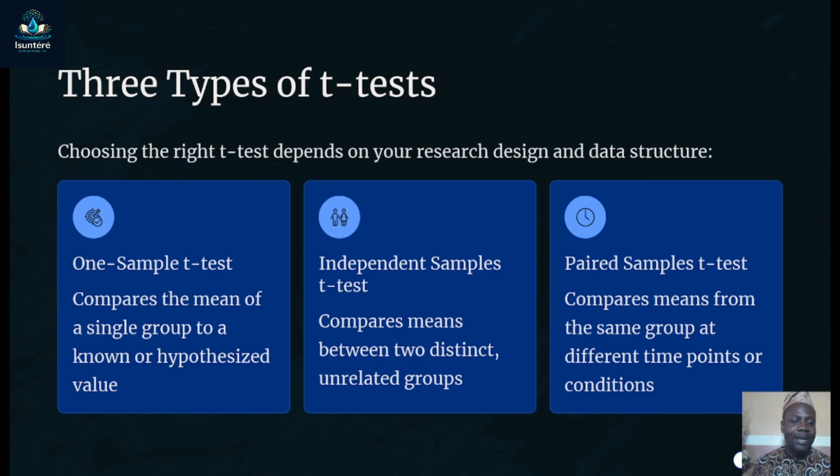With the one sample t-test, just like the name, the researcher samples only one population, and the mean of that sample is compared with another mean that is fixed. It's not that the researcher took that sample.